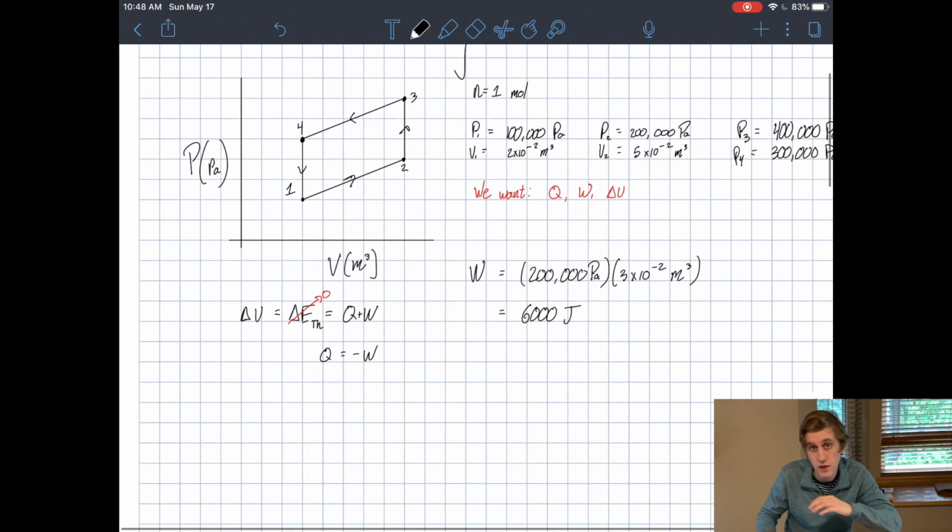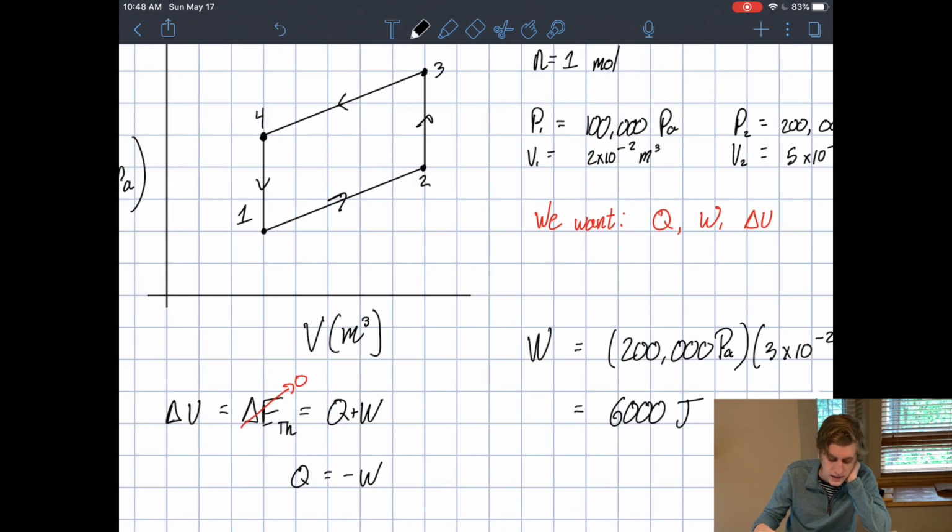But we have to ask ourselves the question again, is this positive work or negative work? To do that, let's just think about the two processes that are doing work. This first process, we already know, does negative work because the volume is expanding. This process above it does positive work because the volume is contracting.